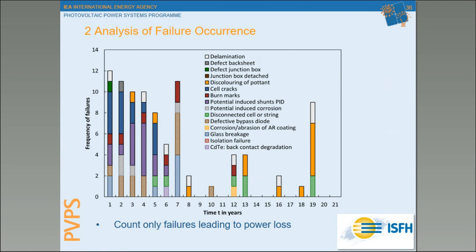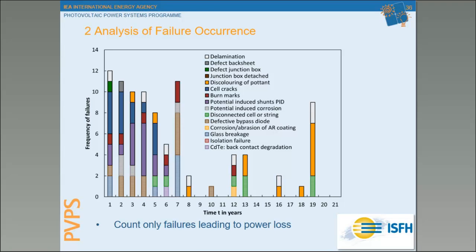This is the first result of this data analysis of the failures with respect to the occurrence, that is, the frequency of the failures as they were collected in the classified failure modes. And on the x-axis, you see the years after installation. So we have between year 1 and year 21 of a PV plant in these different regions.